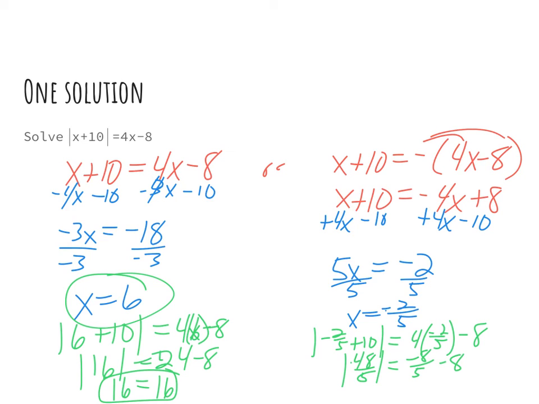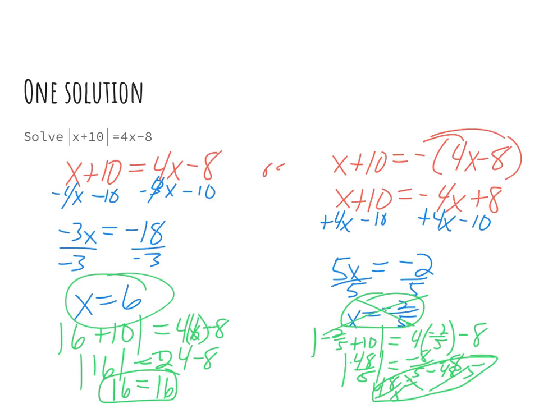And we get 48 fifths over here. And then negative 8/5 minus 8. 8 is 40/5. So negative 8 minus 40 would give me negative 48/5. You'll notice that those aren't the same. 48/5 is not the same as negative 48/5. So this answer right here does not work.